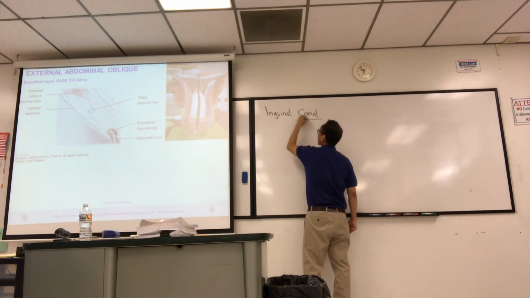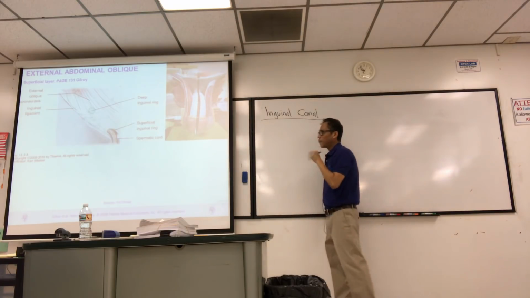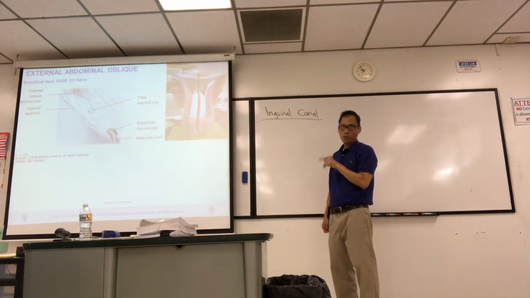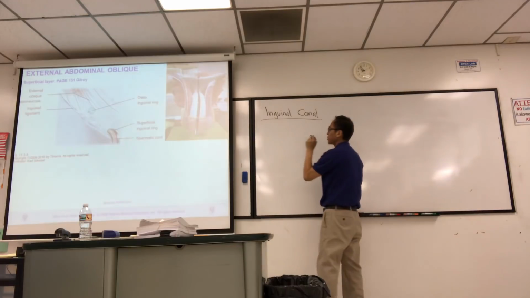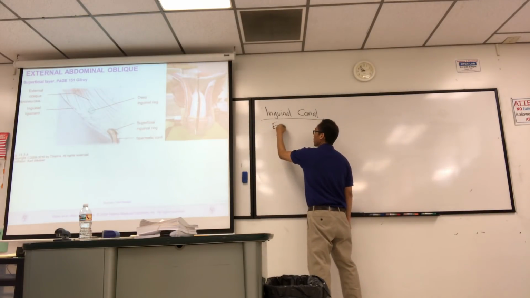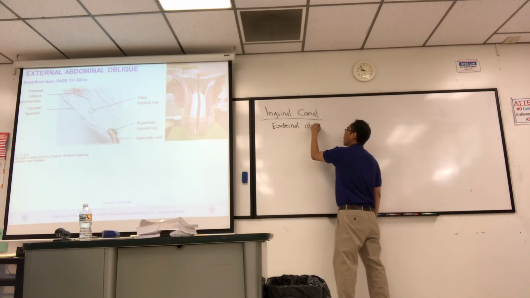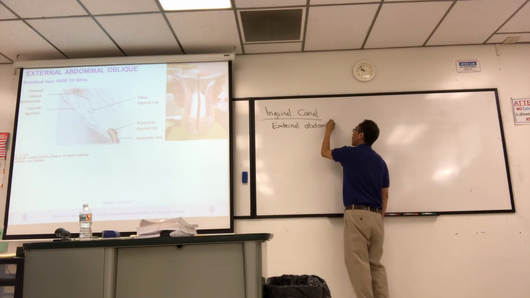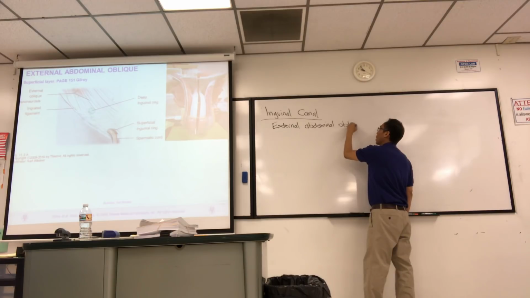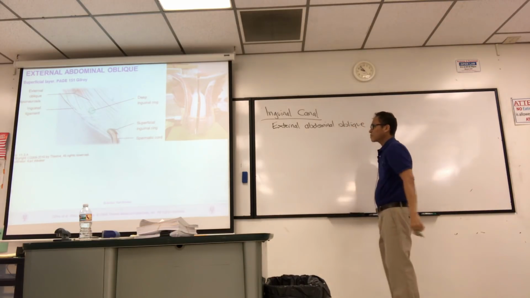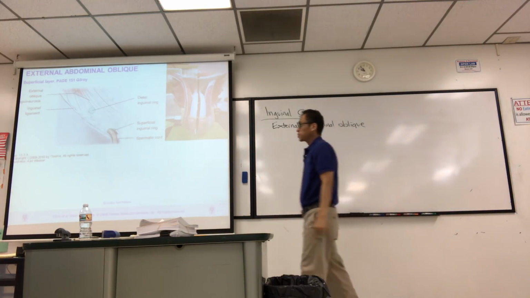So the inguinal canal, know the layers of ab wall that the spermatic cord has to go through. One layer, external abdominal oblique.